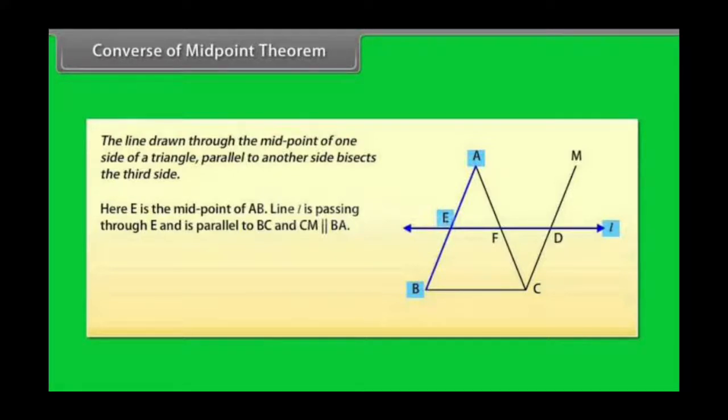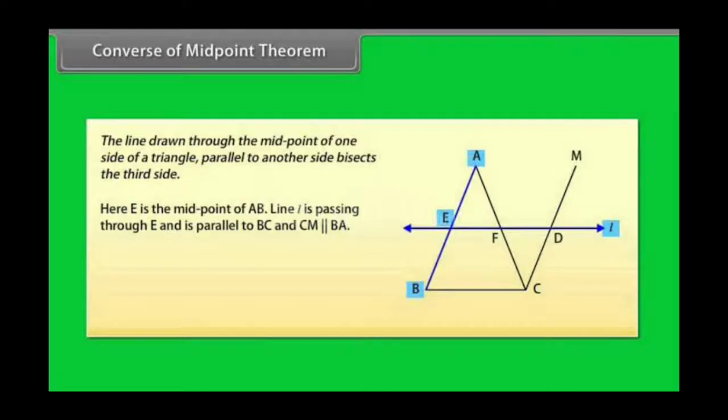Here we do not consider the midpoints of two sides, only one. Consider triangle ABC, where E is the midpoint of AB, and line L is drawn through E parallel to BC.